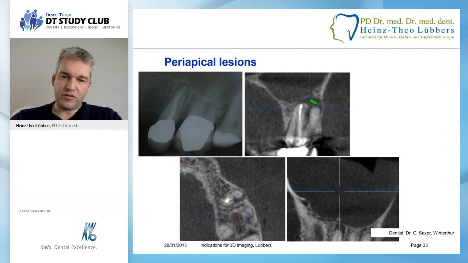And for planning the surgery and being sure you don't open the maxillary sinus and everything, it might, depending on the situation, of course, what you want for the patient. For an extraction, you won't need that. But if you want to do apical surgery here, or if you want to do an endo treatment again, you might really discuss 3D imaging for these cases.